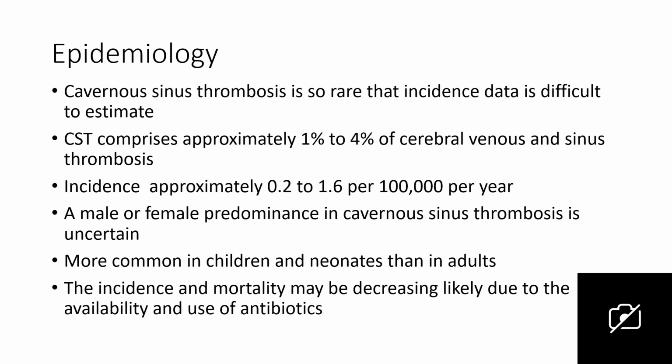So it looks quite rare, but like I mentioned earlier, it is quite a dangerous situation to be in. A male or female predominance is uncertain because of little data. It is more common in children and neonates than in adults. The incidence and mortality may be decreasing, likely due to the availability and use of antibiotics, and also we may have a better understanding of it.